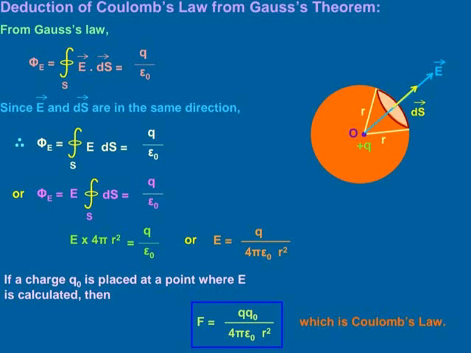By symmetry, E has the same magnitude at all points on S, and also E and ds at any point on S are directed radially outward. Therefore, you can say that the theta between E and ds is 0 degree, and the small flux d phi E over the surface ds will be equal to E dot ds, which equals E ds cos 0 degree, and it will finally be equal to E ds.